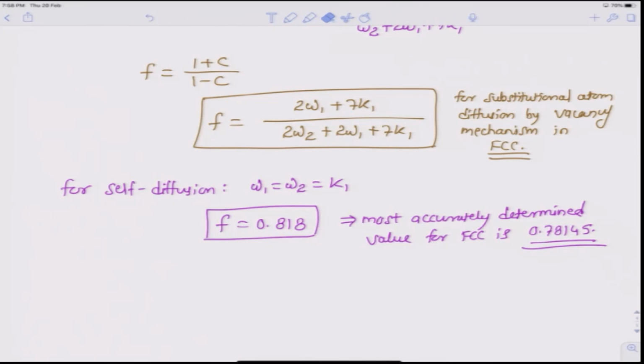Similarly, it can go into the third coordination shell and come back from there, and so on. So, since we ignored those jumps, we get a little bit of difference here, but still we could roughly estimate the correlation factor for FCC even with this simplistic assumption.